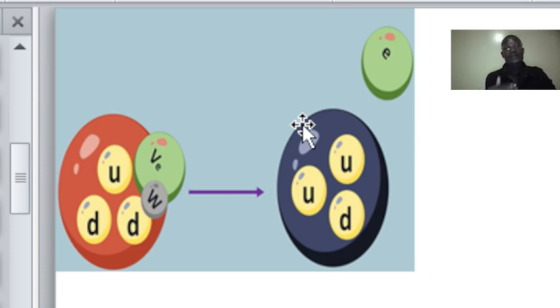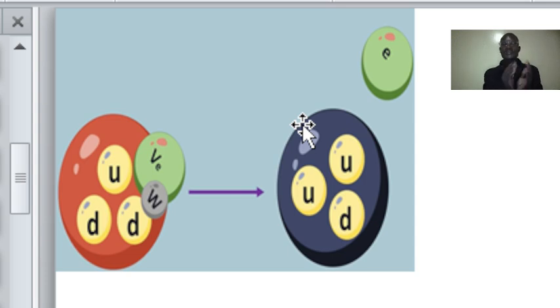If the proton-neutron ratio is not coherent with the expectation, then we expect such elements to undergo decay. When they undergo decay, they are accompanied by the production of some particles, either an alpha particle or a beta negative or positive particle, and by the loss of energy, which comes in the form of gamma.